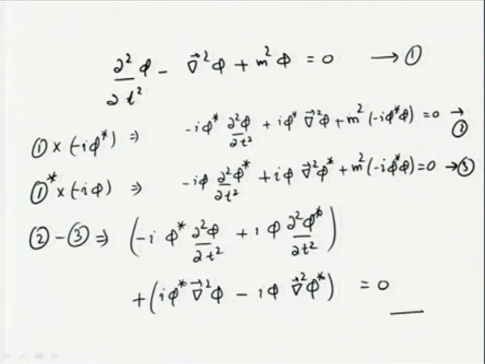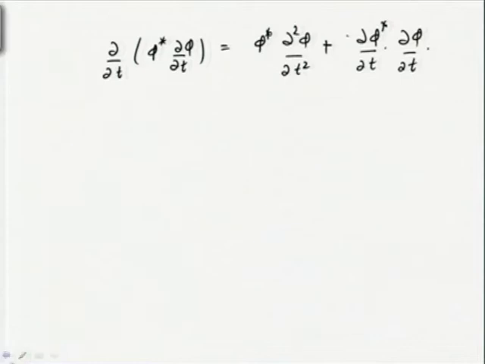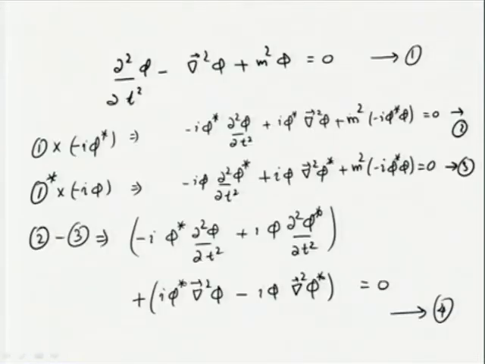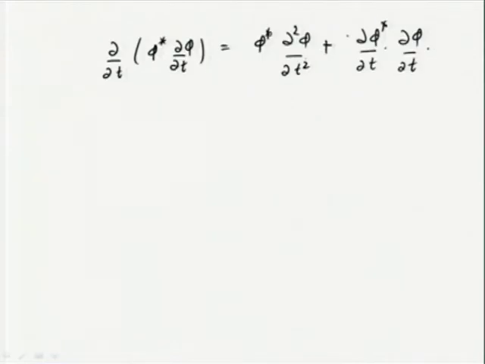We use this to rewrite equation number 4. Note that here we have a term phi star ∂²phi/∂t². Phi star ∂²phi/∂t² is the first term on the right hand side here.